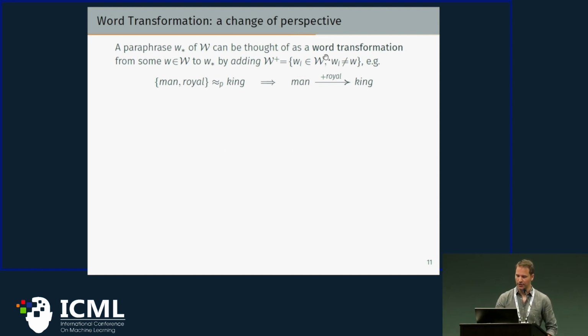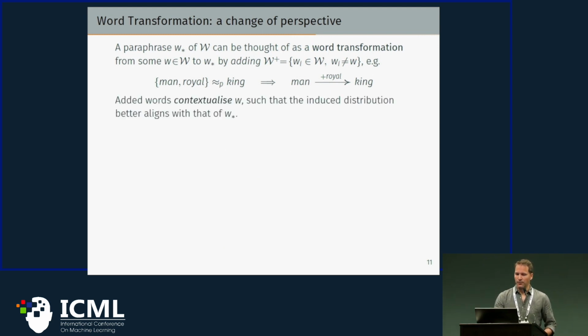This is simply just a way of viewing this. And we can extend this: we can consider the added word here as contextualizing the other word. So by contextualizing man, by adding royal, we make the induced distribution more similar to that of king, and therefore we kind of induce the paraphrase.